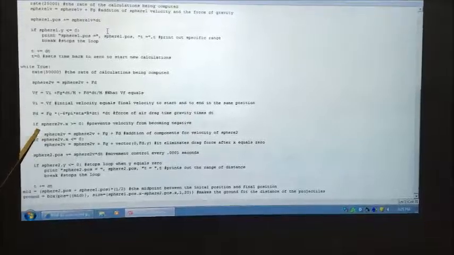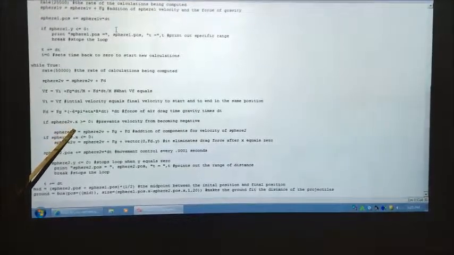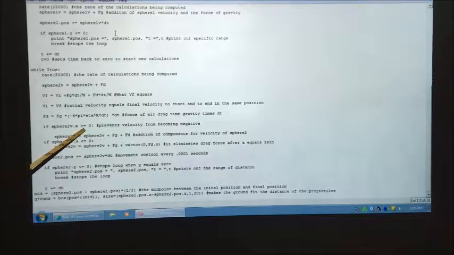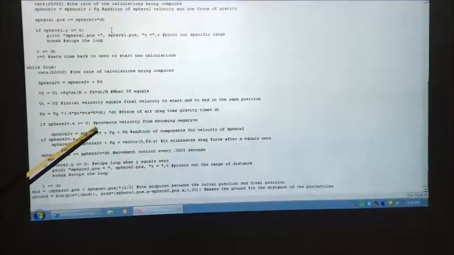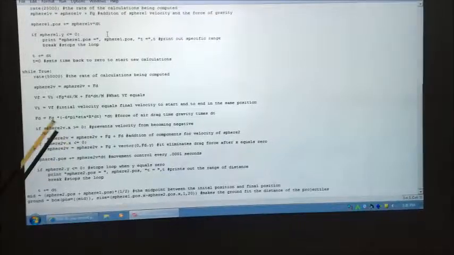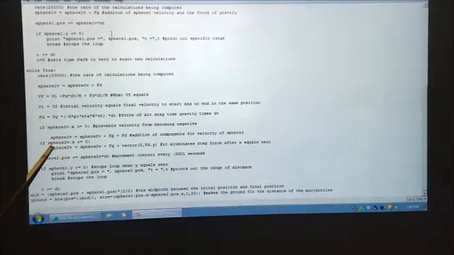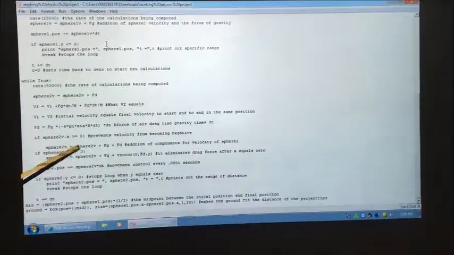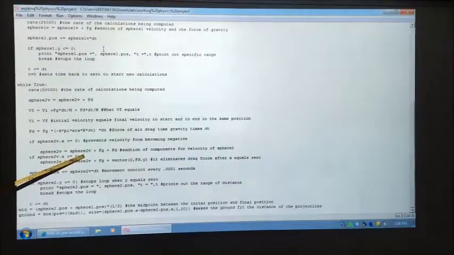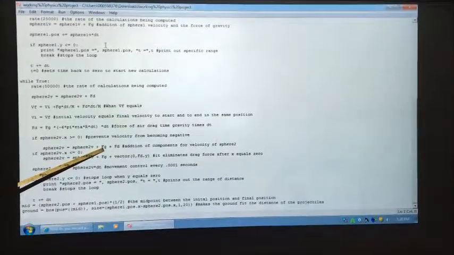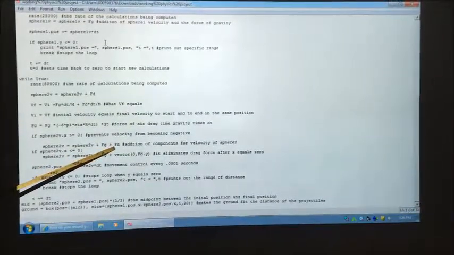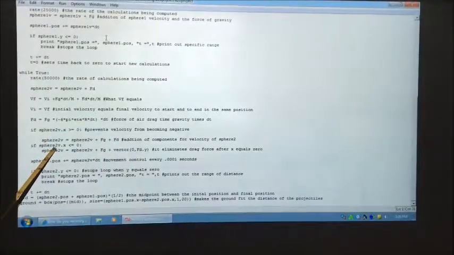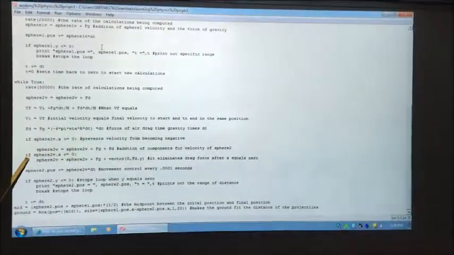And then here we have, if the x of sphere 2 is greater than or equal to 0, this prevents the velocity from becoming negative or from going under the x-axis. On this part here, the velocity of sphere 2 is equal to the velocity of sphere 2 plus the force of gravity plus the force of drag, and this is just the addition of components for the velocity of sphere 2.